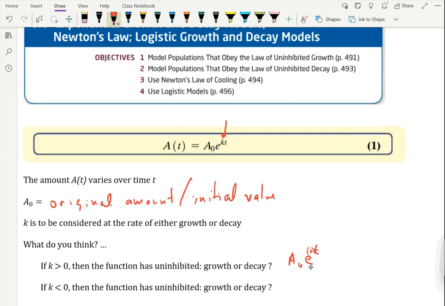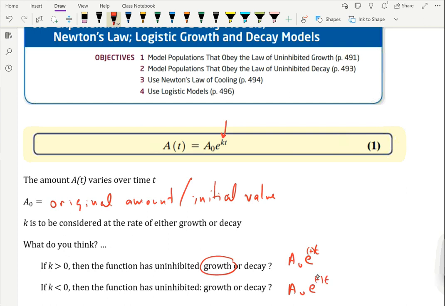So we're going to take e as a base, as our natural growth rate, and multiply by itself a positive number of times. So if I do that, I'm going to keep getting bigger and bigger and bigger, so I'm going to be growing. When we take a look at k being negative, that would mean that we have A sub 0, our initial value, multiplied by e to a negative value of t.